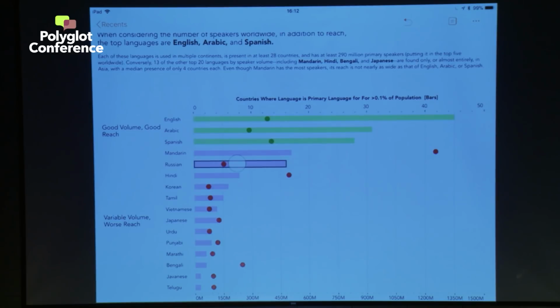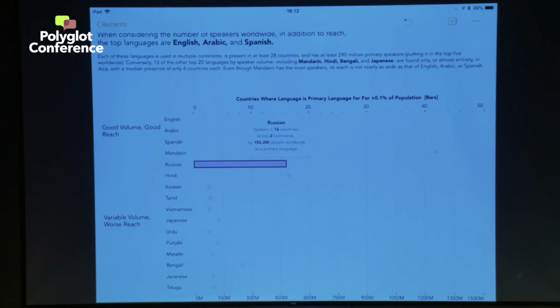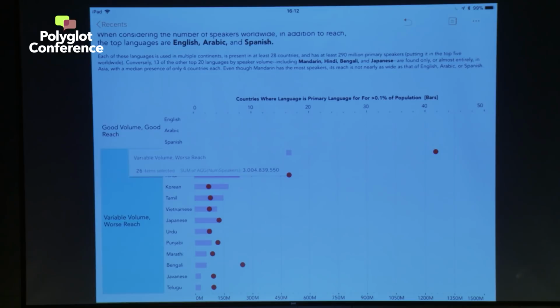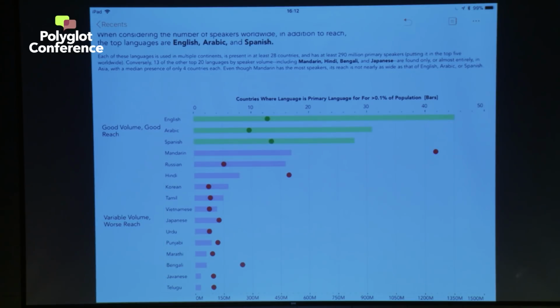So Russian comes out here, according to combining this data, as the 5th language in this list. And you have these different points coming out, and it's starting to draw a little bit of a picture for you. But there's still more that we can investigate.